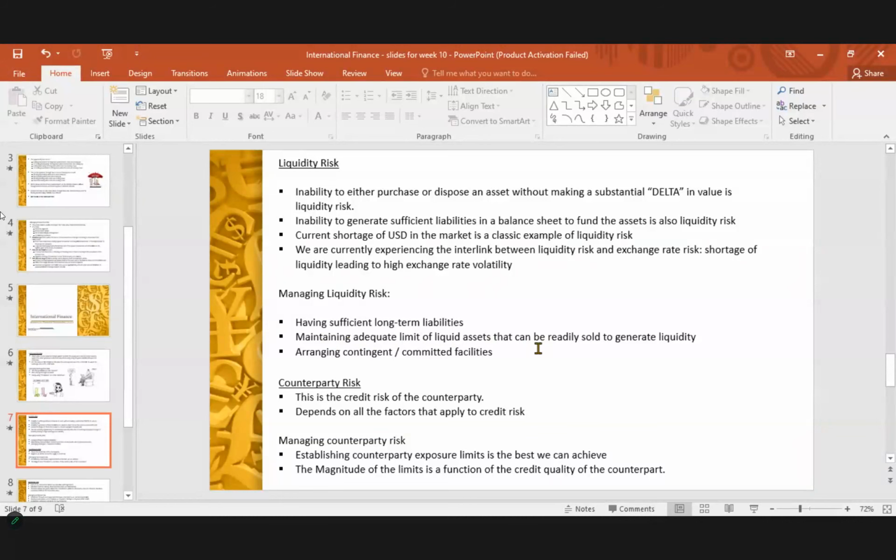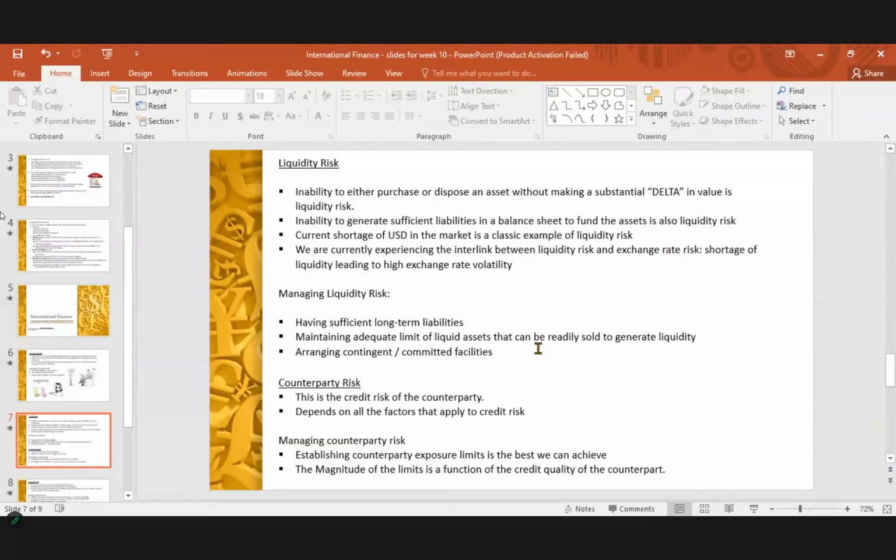On the other side, you can also have sufficient liquid assets that you can sell down without basically making an impairment in price. Then you can generate the required liquidity to offset those outgoing liabilities by selling the liquid assets.